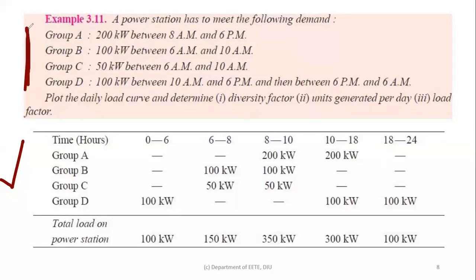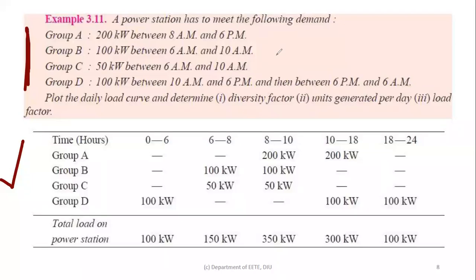Basically, in an area there is a power station, and there are four groups of people, four sections of people, and they use power at different times, probably in 2 hours, while another is in another 2 hours, another in another 4 hours. So at first we need to find out the load curve of that power station, because a total of four groups have been connected with the power station.